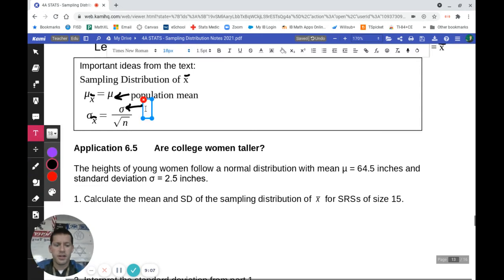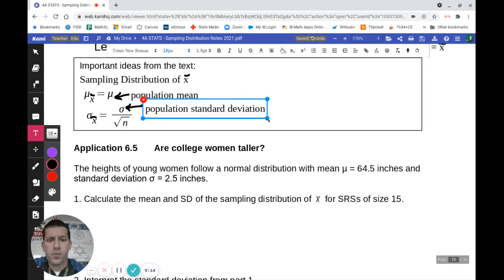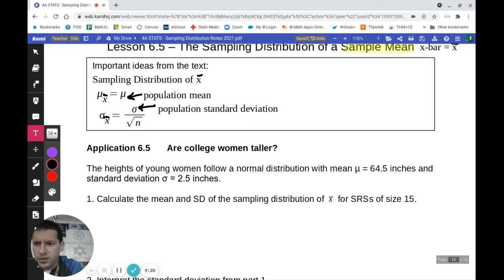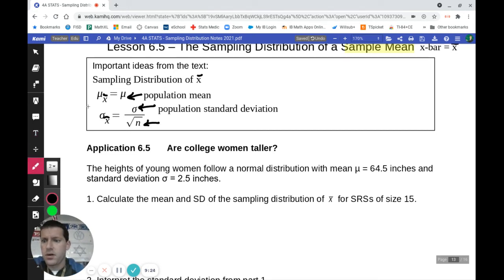So that sigma there is our population standard deviation, and n is our sample size.